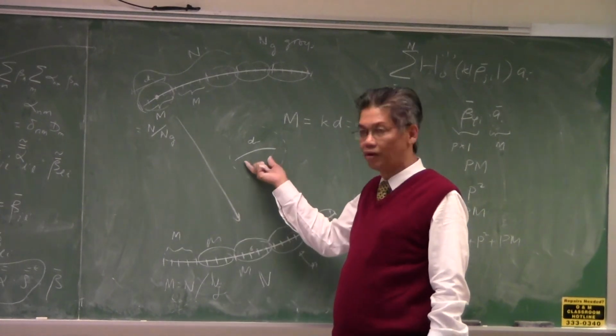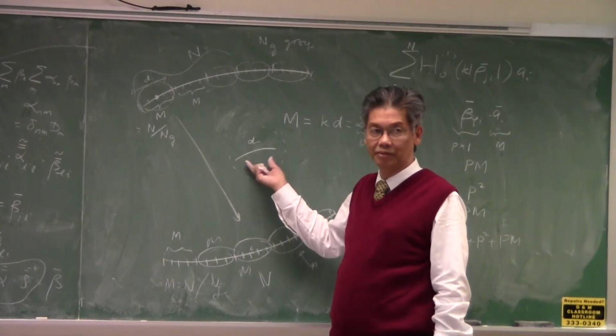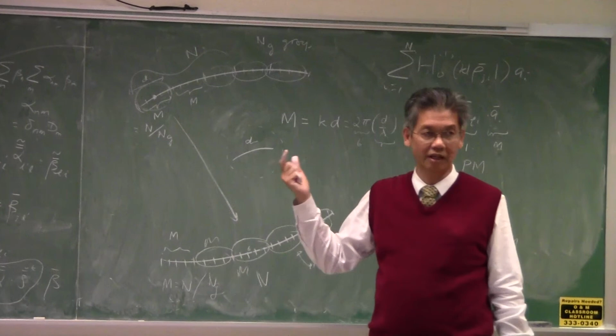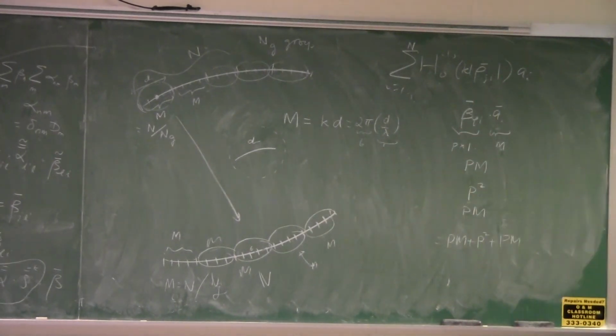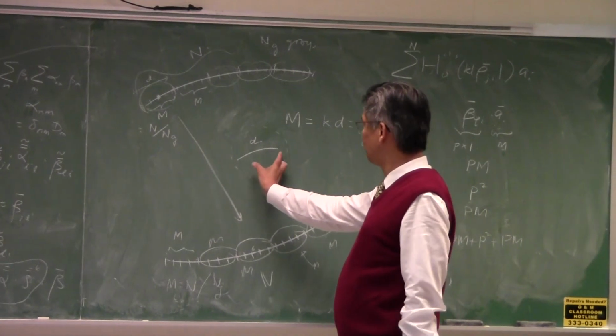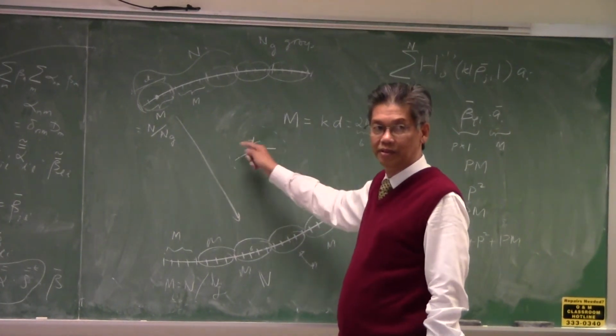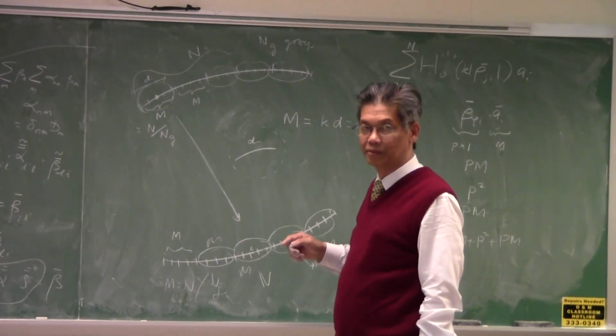If this source is small, it produces a smaller number of multipoles. Is this intuition obvious to you? The larger the source is compared to wavelength, the more multipoles it produces. Is this agreeable? It's the same as the spatial Fourier transform. That's true. The larger this is compared to wavelength, the more multipoles it would have.